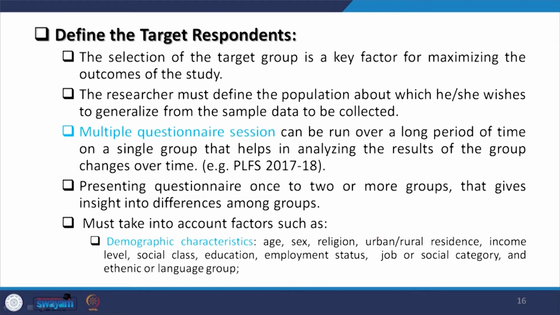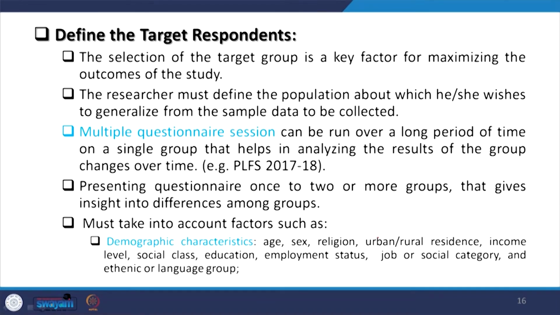So over different quarters they actually studied the urban samples to understand their changes over time. So the target respondents, where the presenting questionnaire is given to one or two or more groups, give insights into differences among groups.